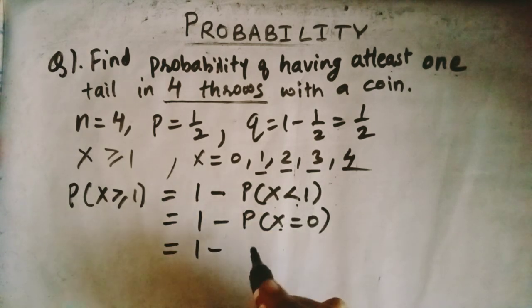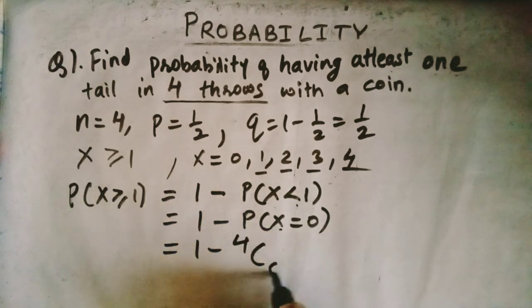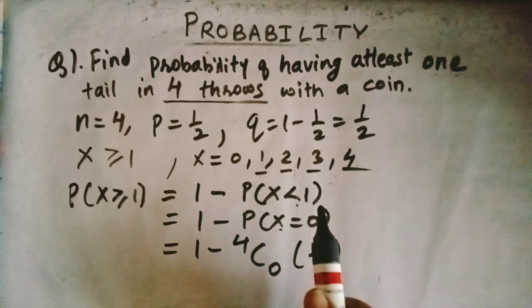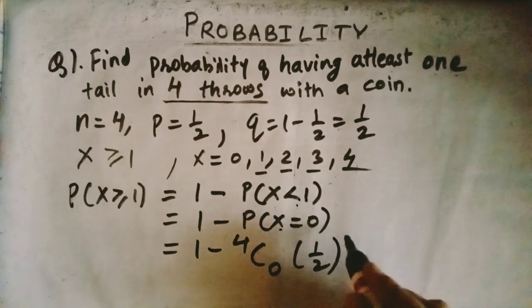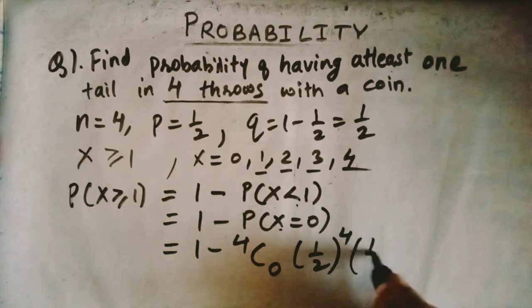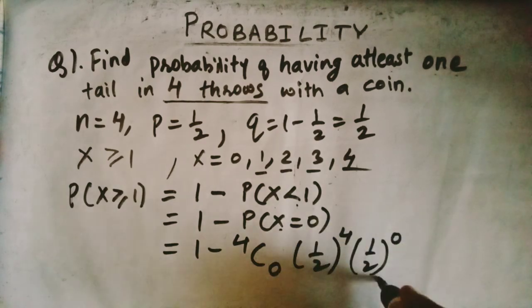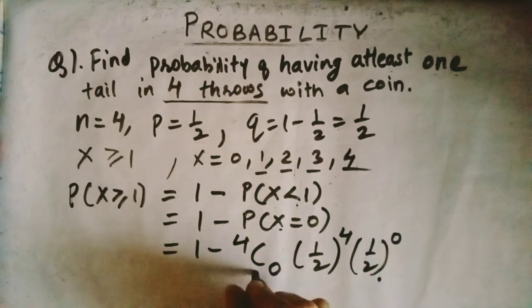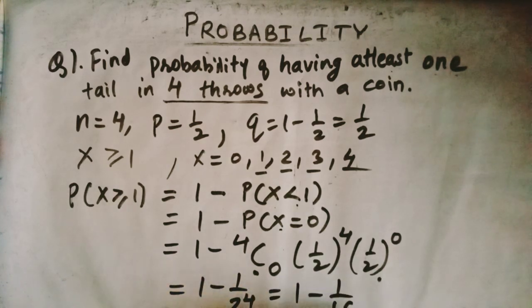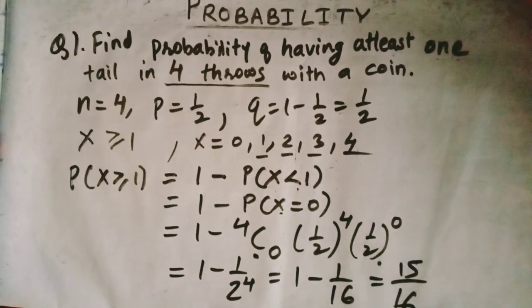So 1 minus 4C0 into half raised to 4 minus 0, that is 4, and half raised to 0. So this becomes 1. This is also 1. So you will get 1 minus 1 over 2 raised to 4. 2 raised to 4 is 16. So this will be 15 by 16.